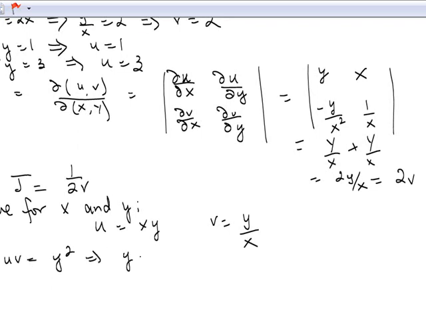So we already have y, the square root of uv. I'm teaching you little tricks to solve. And then you can also divide. What is u over v? u divided by v. What's that? x squared. So this implies x equals the square root of u over v.